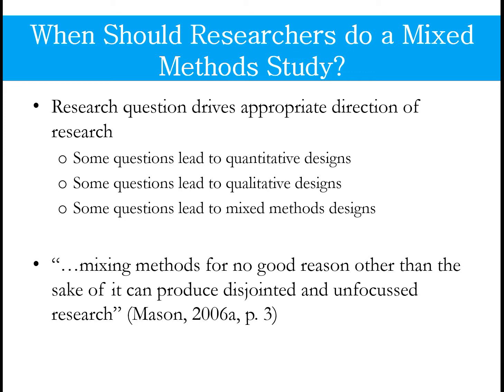So we have to look: do people feel healthy? Do they have access to resources that they can use to make themselves healthy? And as I've already stressed before, mixed methods for no good reason other than just to do it is often disjointed and unfocused.